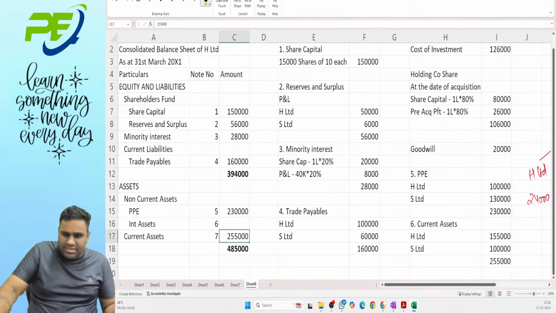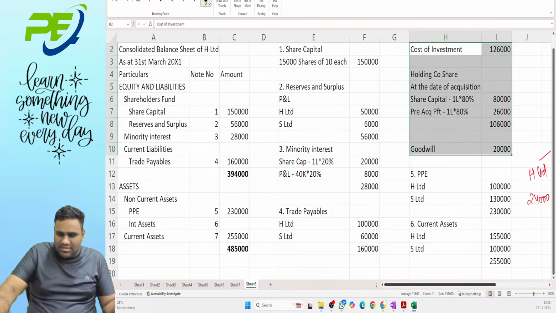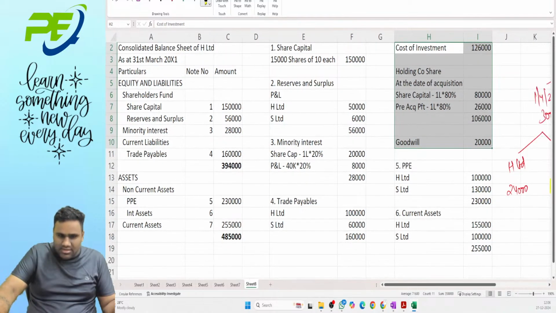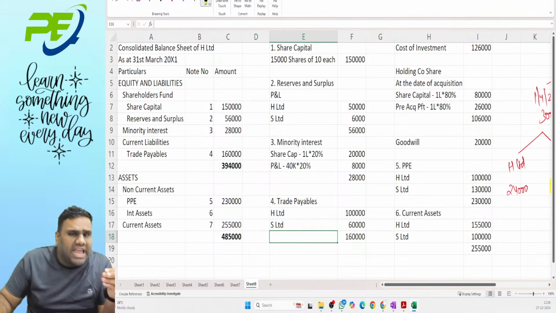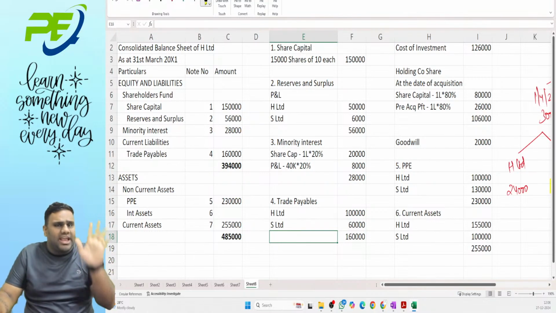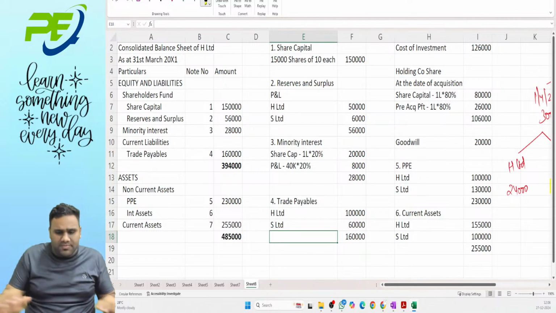So note number 6. Can I give cost of investment in note number 6? Definitely no. I was stressing time and again, note and working note. Didn't I mention in the previous problem?